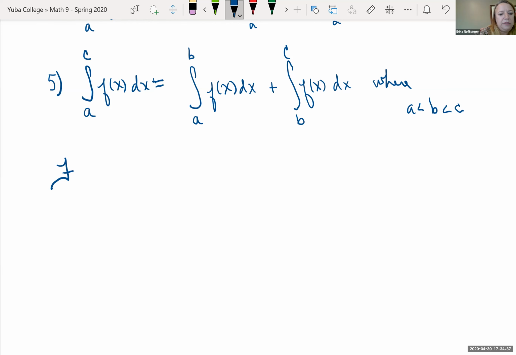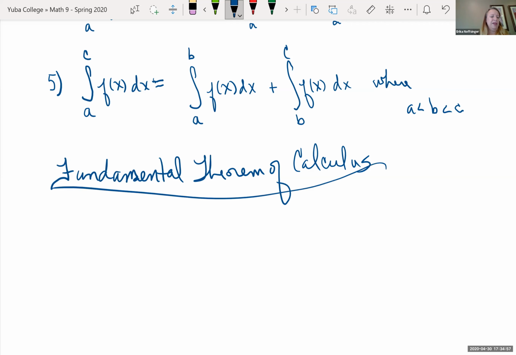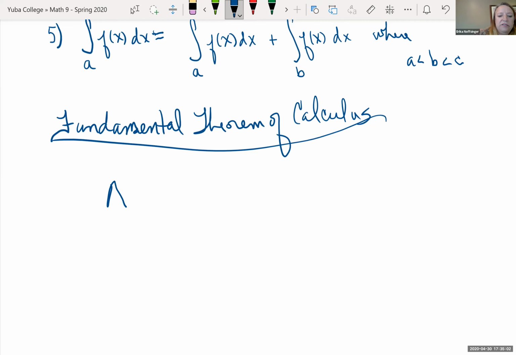So the fundamental theorem of calculus. We can find an area under the curve. This is equal to our integral from a to b of f of x dx.